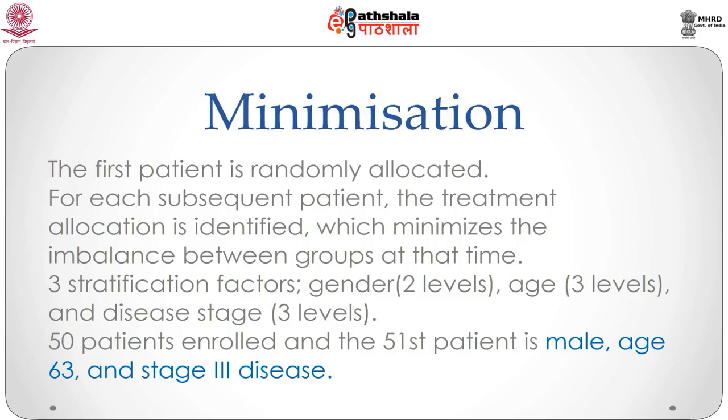Suppose we have a situation where 50 patients have been enrolled and the 51st patient is male, of age 63, and stage 3 disease. Then we can either count only the sign of the difference in each category. So we look at all the males and see whether there are more on treatment A than on treatment B. We can look at everyone age 63 and do the same, and similarly for the stage 3 disease.